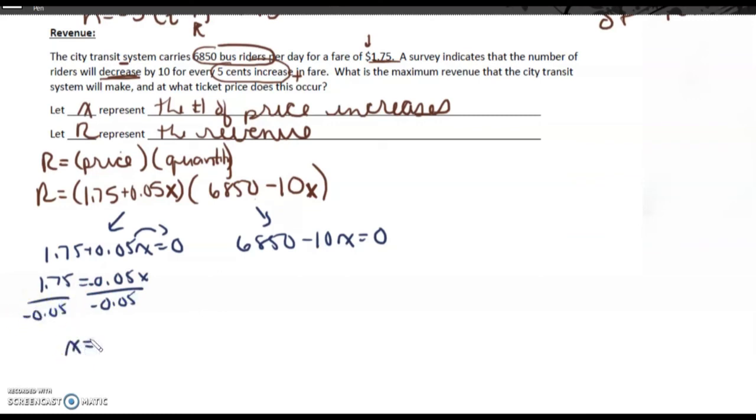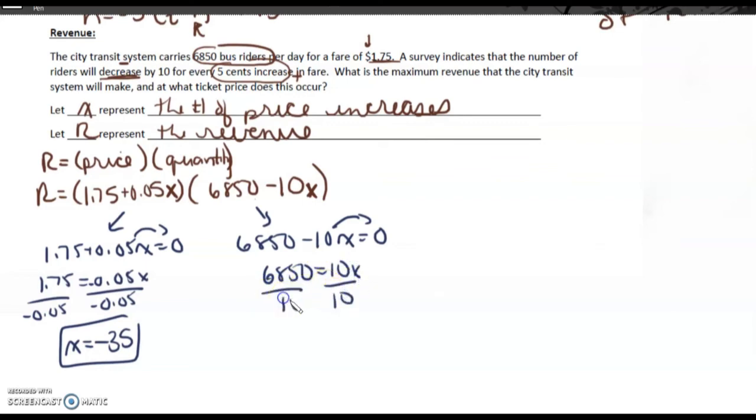Okay, so let's divide 1.75 by 0.05. So I get negative 35 for this one. And on this side, I'm going to bring over the 10 and then divide out the 10, which is 685.